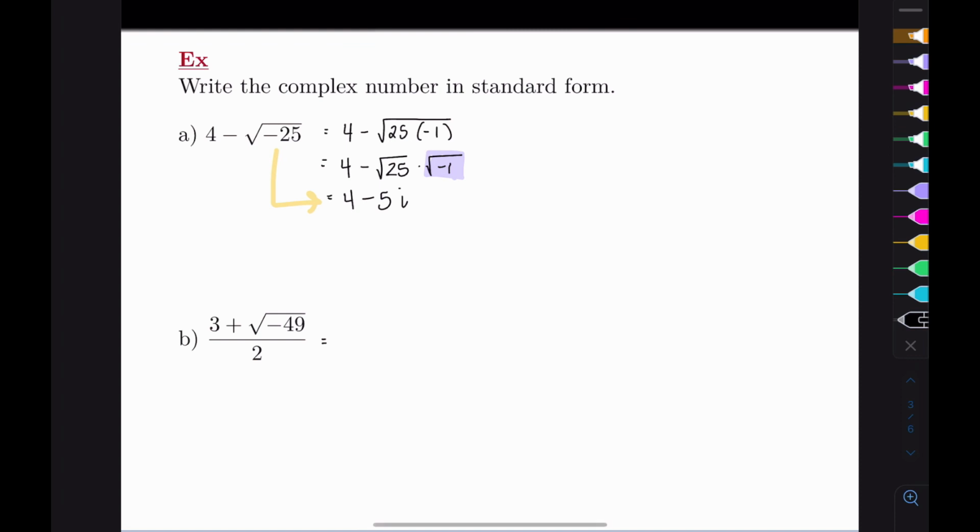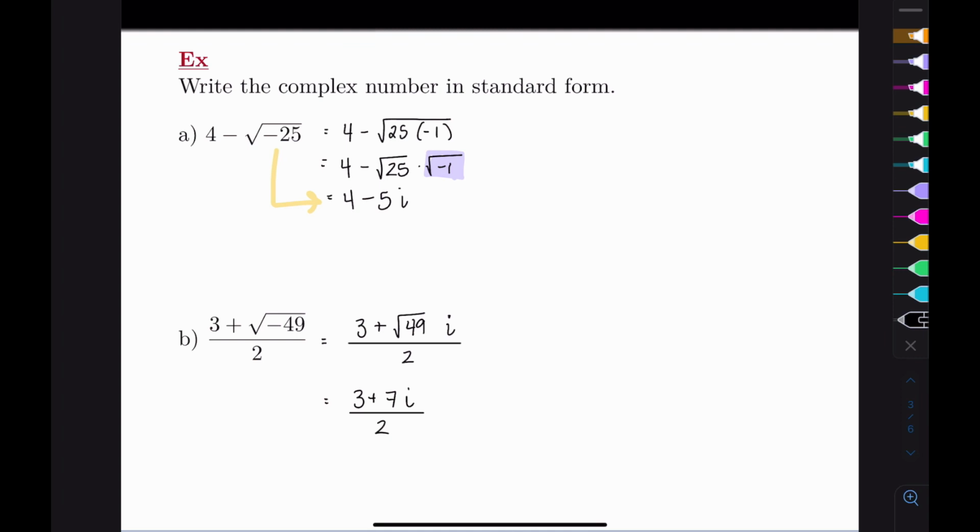So let's do this example. I have the square root of negative 49. I'm immediately going to take out that minus sign, and it becomes square root of 49 i, and then we'll divide by 2. The square root of 49 is something we can actually do. It is 7. So we end up with this.